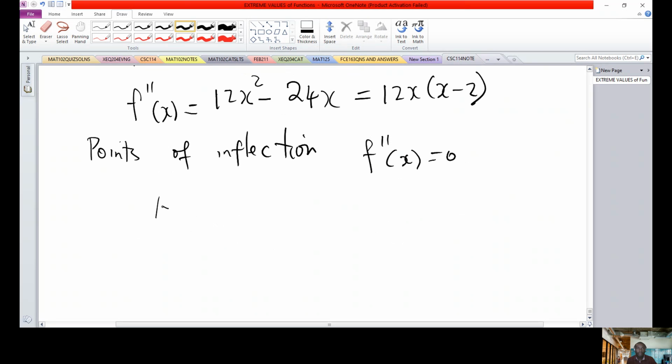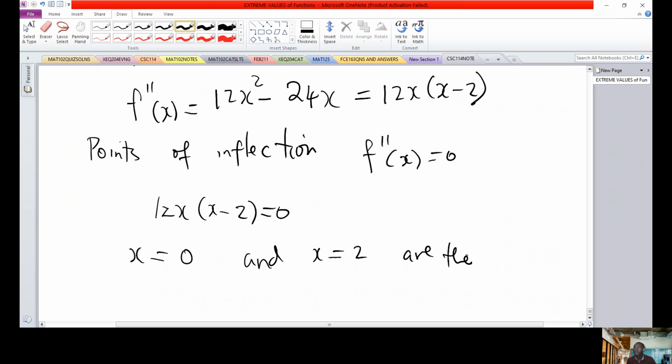So therefore we'll have 12x times x minus 2 equals 0, which means that x equals 0 and x equals 2 are the points. So you have now to get the corresponding values of y.